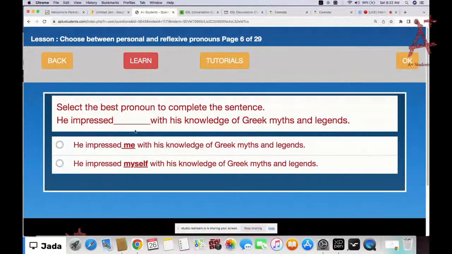Impressed me or myself? Me. Okay, so that's basically it for personal and reflexive pronouns.